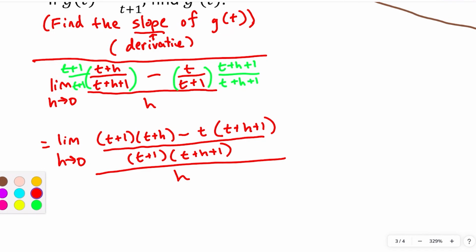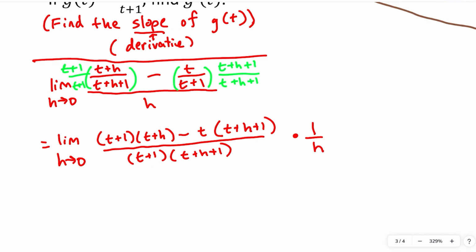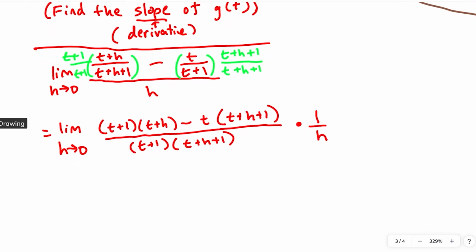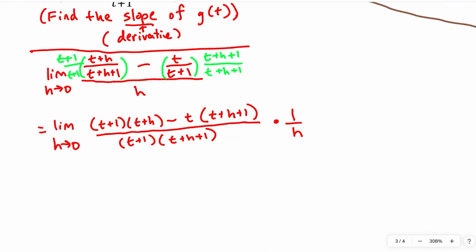Just to clean this up, I hate dealing with fractions in fractions, so instead of dividing by h, I'm going to write this as times 1 over h. It's just the definition of division anyway. Now let's do the multiplication in the numerator and hopefully see some stuff cancel out.